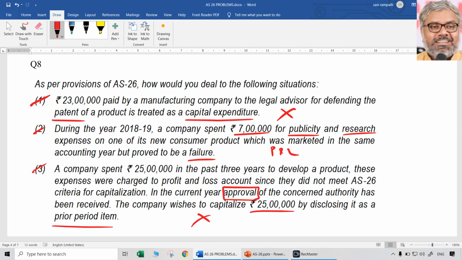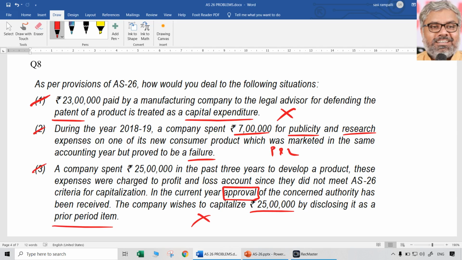They cannot capitalize just because of some internal decision. Okay, we'll capitalize it. No, not like that. If it is already charged to P&L earlier, done deal, over. Now it cannot be reversed because it is not something which has resulted because of an error or omission earlier. They did not do anything wrong earlier. They did perfectly right earlier, because then this expenditure did not meet the asset recognition criteria.